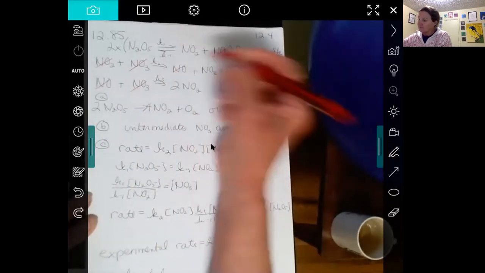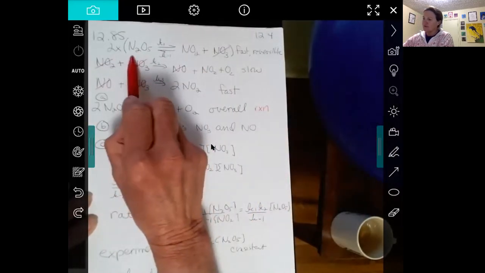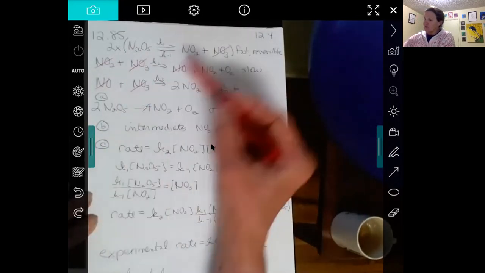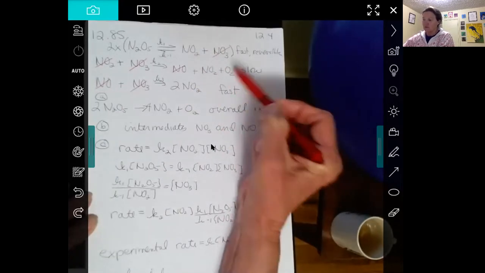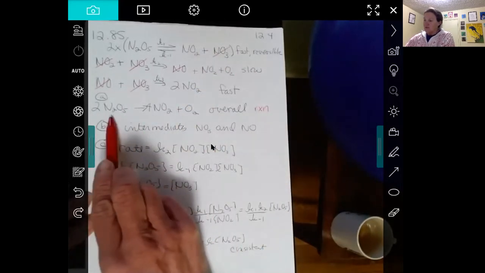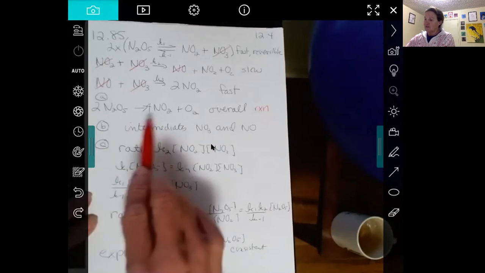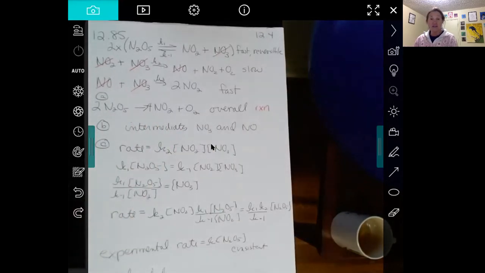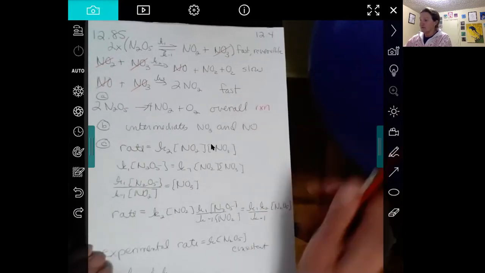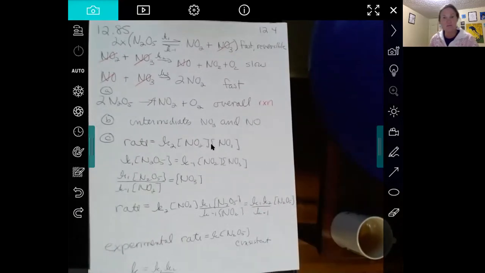NO cancels. And you end up with 2 N2O5 goes to NO2 plus NO2 plus 2 NO2 plus O2. So 2 N2O5s go to 4 NO2s plus O2. That's the overall stoichiometry of the reaction that this proposed mechanism is being used to try to understand.